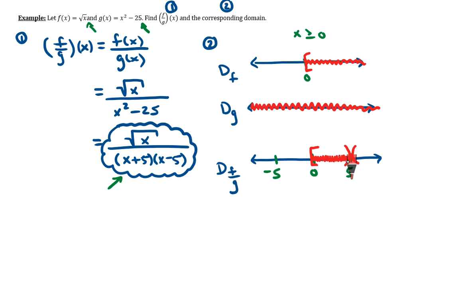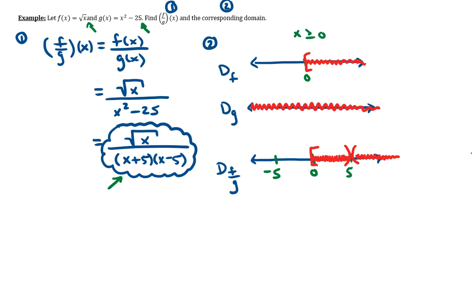And I'll open up another parenthesis to help me continue shading along the positive part of the number line there. So this is basically what it looks like when we're shading from 0 to infinity, but excluding the number 5. Obviously, no shading is going to happen around negative 5 because we still have to obey the domain of the function f, meaning we cannot use negative numbers.